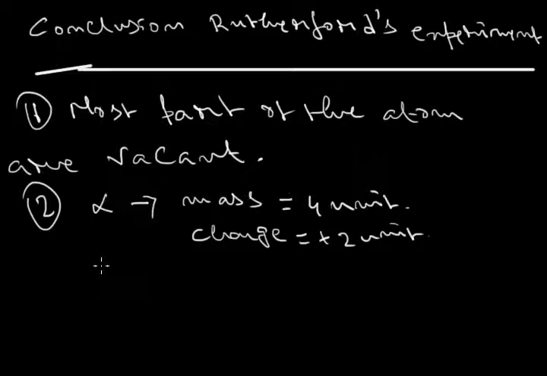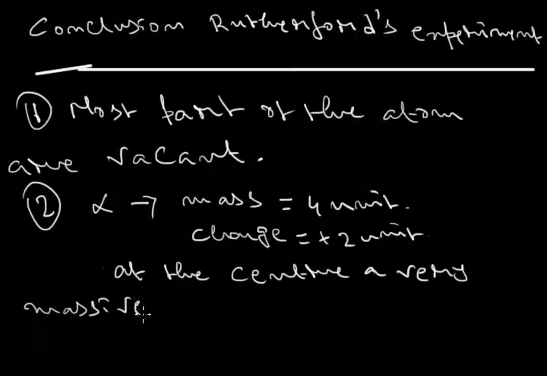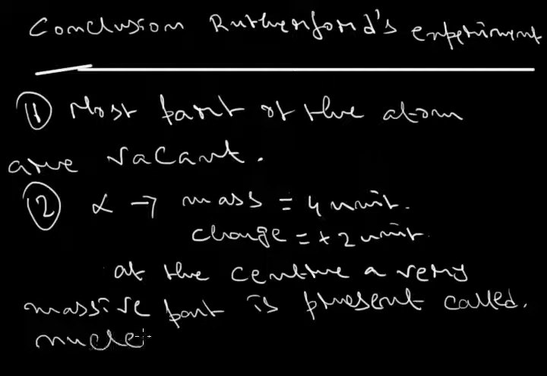so at the center of the atom there is a very massive part present, called the nucleus. The nucleus contains positive charge and mass, and the positive charge of the atom is the proton and the massive part of the atom is the neutron.